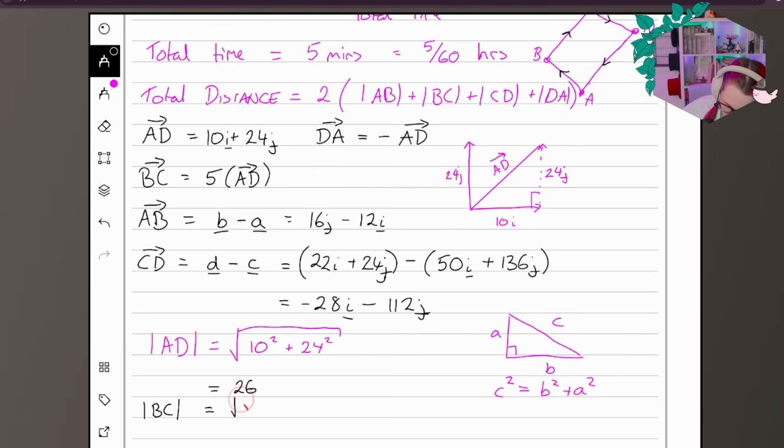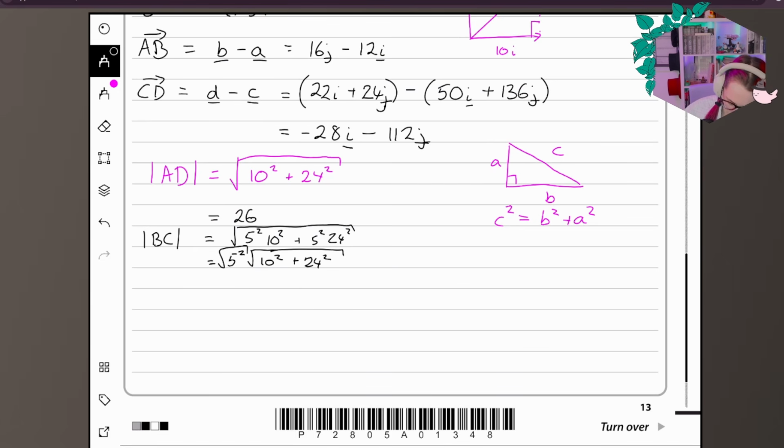So I could do it properly, and I could do 5 squared, 10 squared, plus 5 squared, 24 squared. I can take out a 5 squared, 24 squared. But basically I can just do 26 times 5, and that gives me my 130.